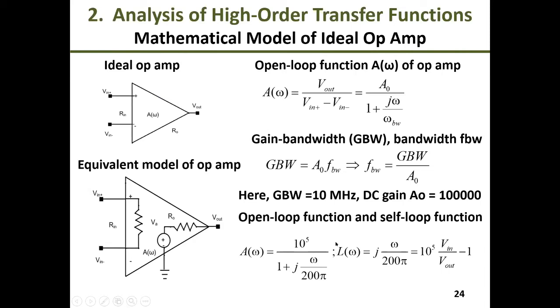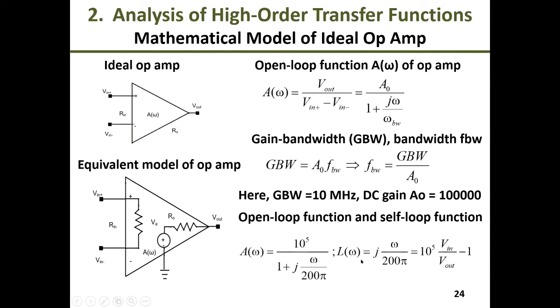We investigate the loop gain function and the open loop function of an ideal op-amp. In this work, we use 10 MHz gain bandwidth and the DC gain of the ideal op-amp is 100,000.